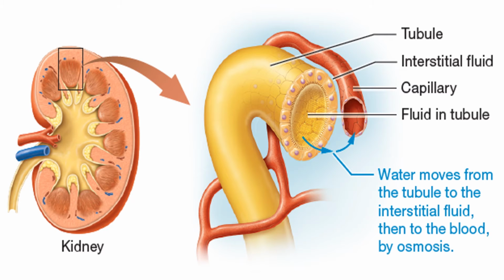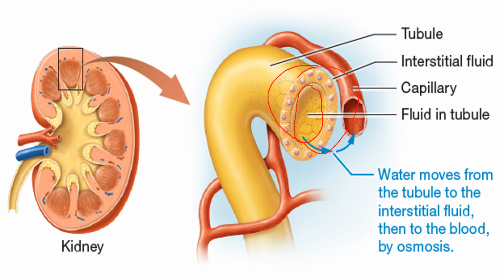So here's that kidney figure that I was talking about. And we're going to see a zoomed in version of the kidney here. And we're going to see this is the tubule. This whole yellow structure is the tubule. And this lumen inside is full of the fluid that would normally become urine.